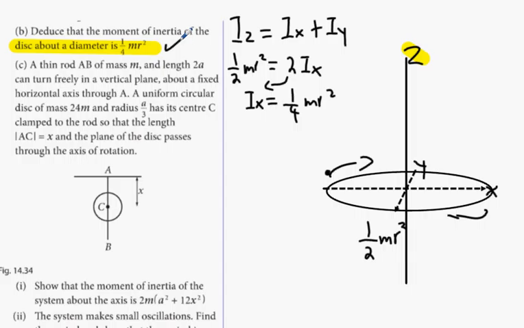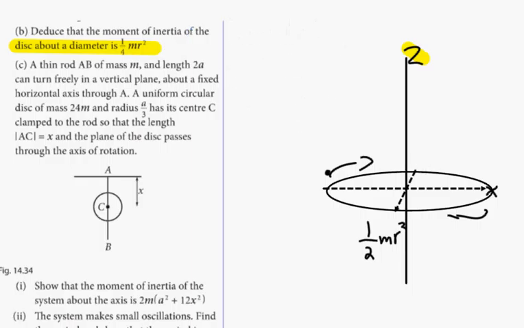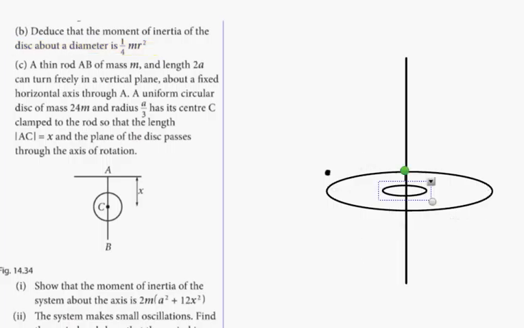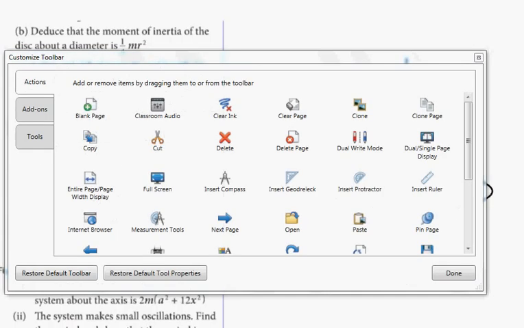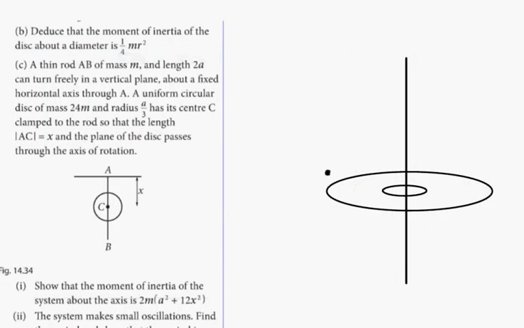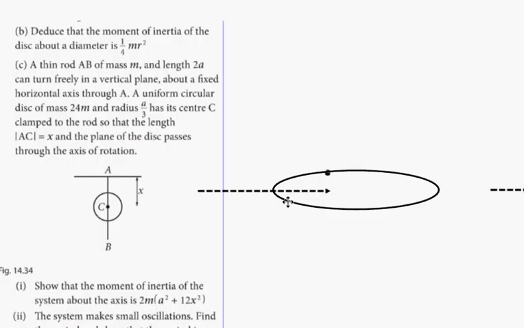Now, unlike previous questions, where I might have a rod like so, goes through the middle and out the other side, and actually I'll shift this a bit more over this way.